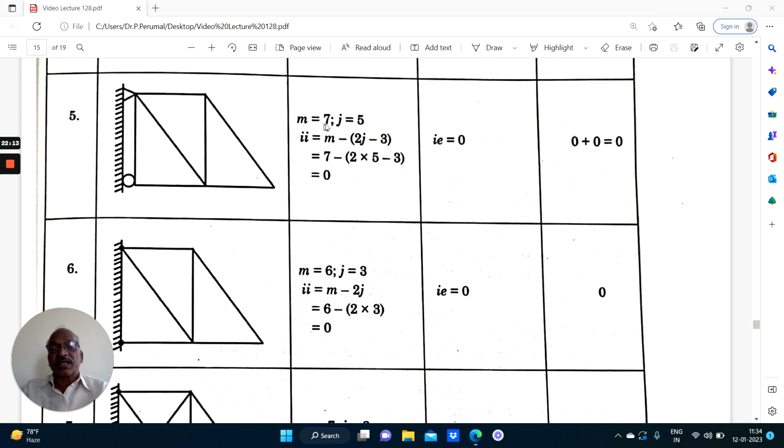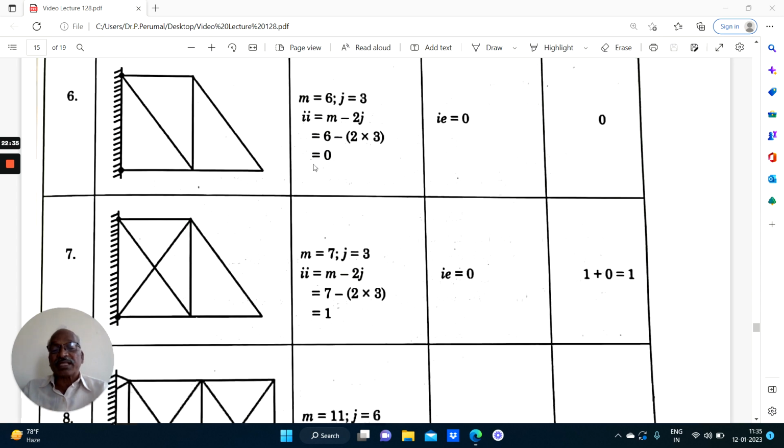So 7 minus 2 into 5 minus 3 equal to 0. Internally determinate. So it is indeterminate to 0 degrees, both internal and external. Totally it is a statically determinate structure.